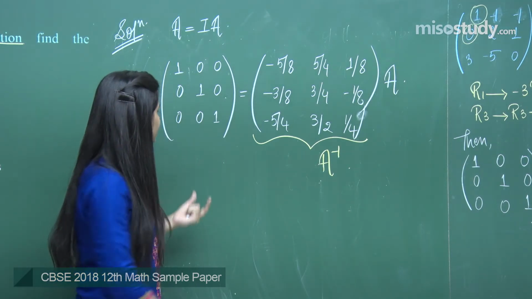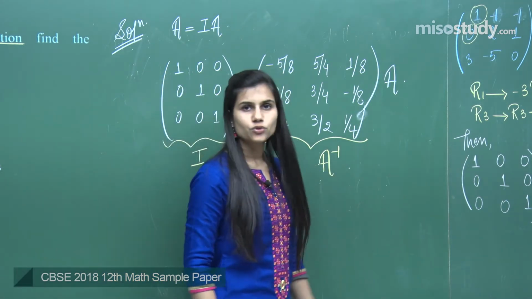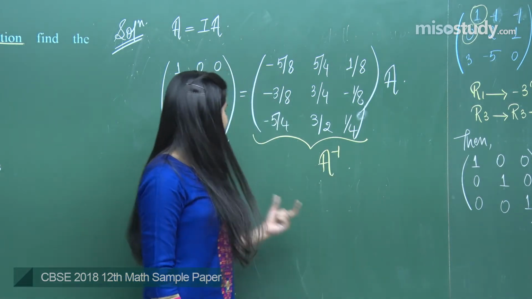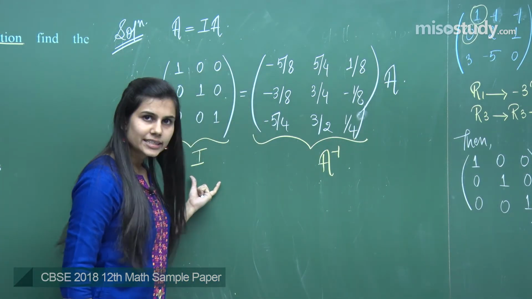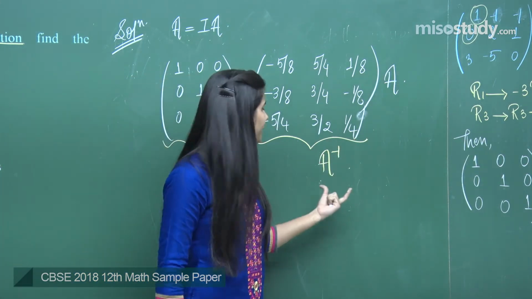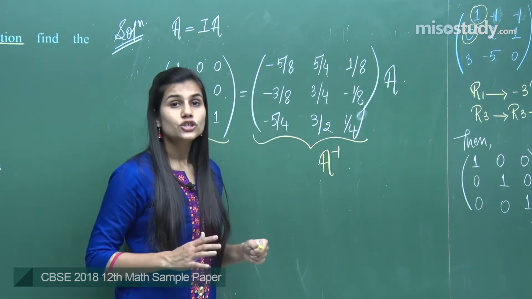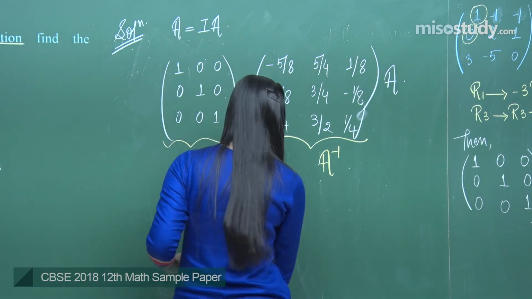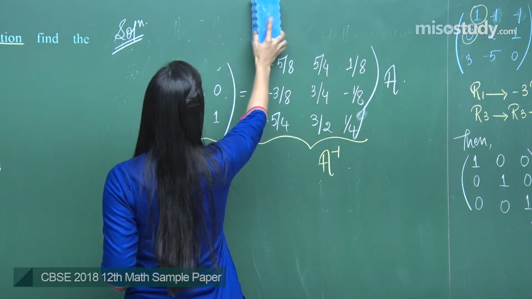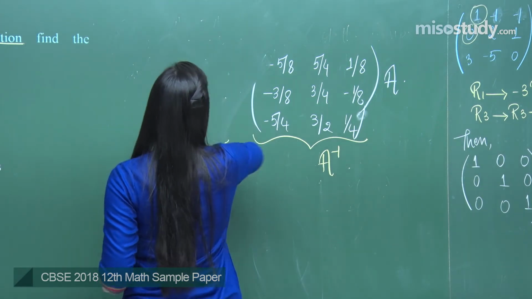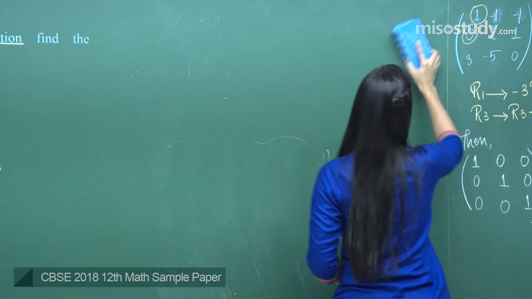So you get identity is equal to A inverse into A. Because if A is getting multiplied to a matrix to give you identity, that matrix has to be the inverse of A, and this is the logic which we use to basically find the inverse of a matrix A. So once I am done with this, let us now focus on the alternate question.